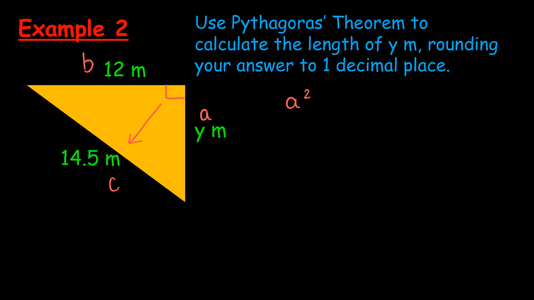I'm going to say A squared equals C squared minus B squared. We want to find A squared. I'm just going to replace A with Y. And then 14.5 squared minus 12 squared. So this isn't a question that we're going to be able to do without our calculators because the numbers just aren't nice enough.